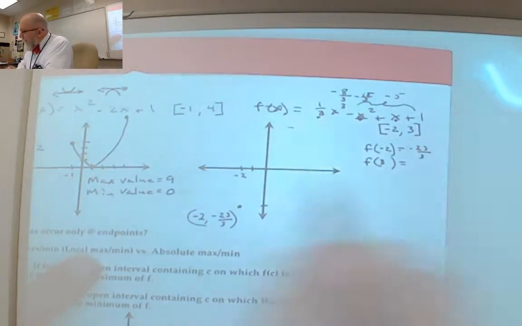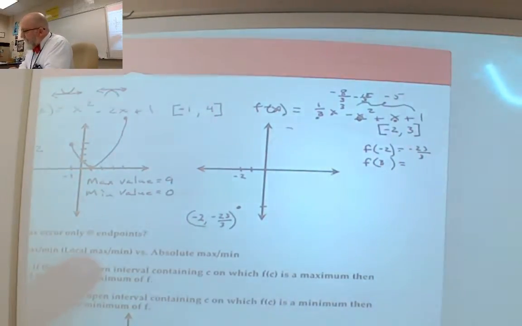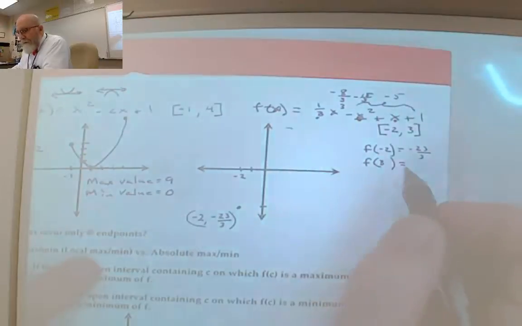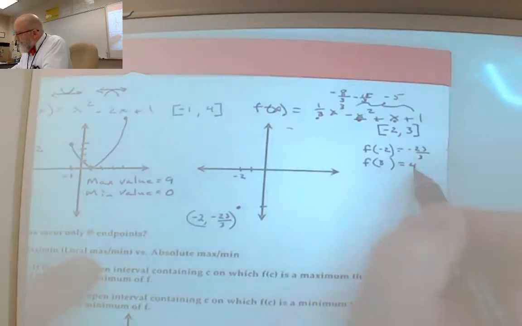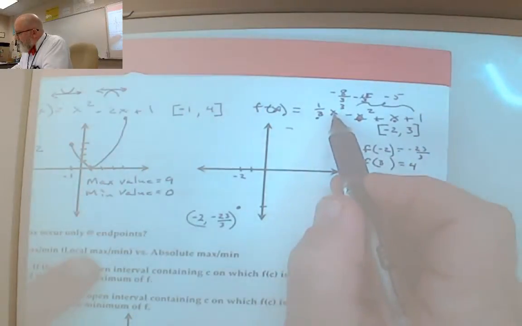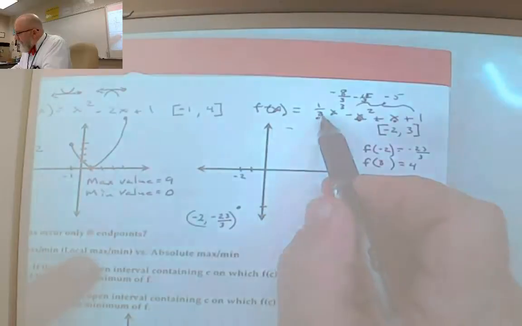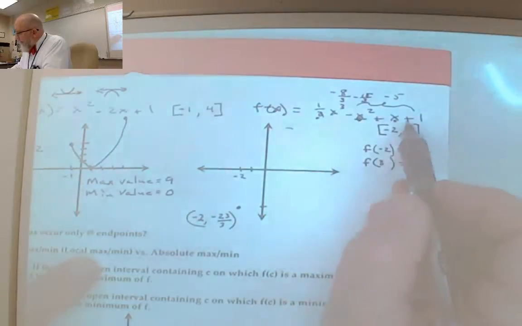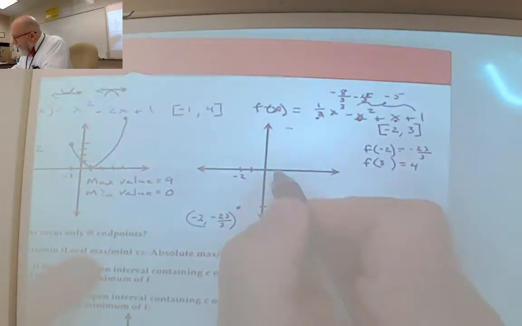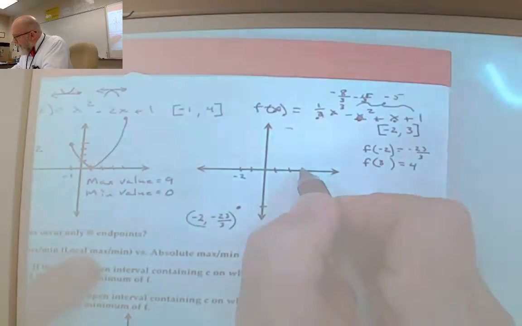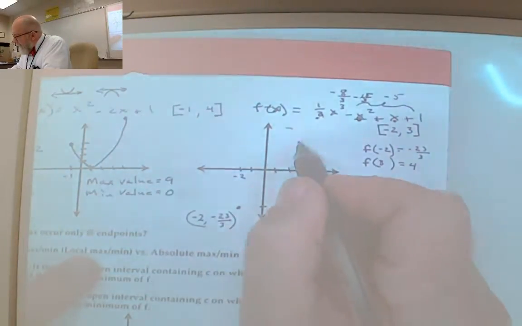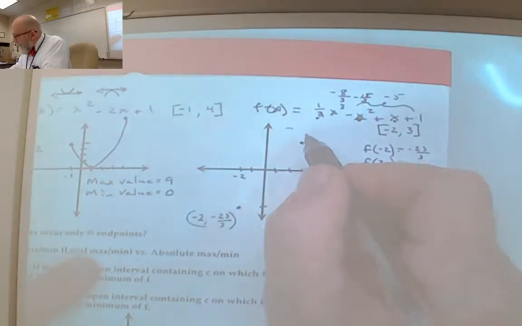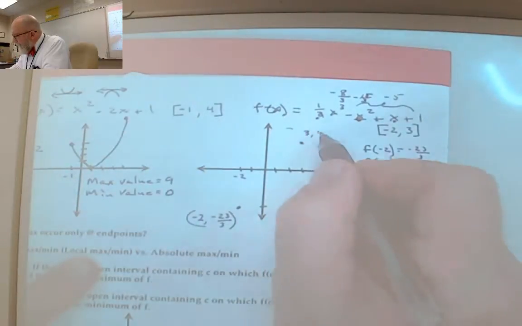If I plug 3 in there, what do I get? 4? Wow, you figure that out really fast. So you got what? 27, right? 1/3 of 27 is 9. 9 minus 9 is 0. 3 plus 1 is 4. All right, so 1, 2, 3, and I'm going to go up here to 4. So this is 3 comma 4.